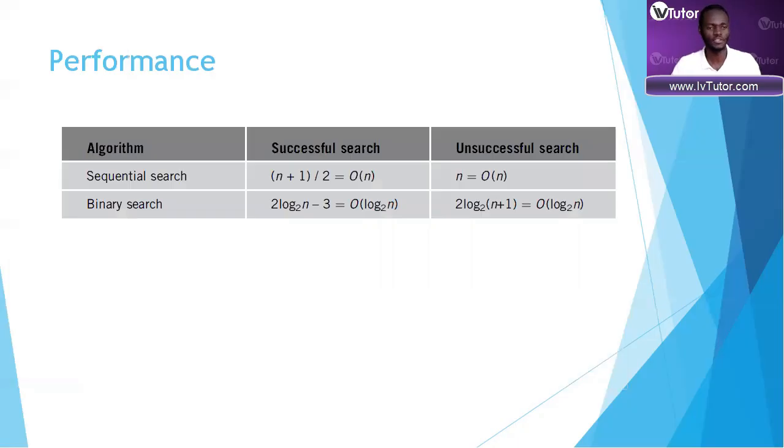If you compare the binary search and sequential search algorithms, you can see that the binary search is a big O of log n, whilst the sequential search is a big O of n, which means it's less efficient, because you want your running time to be less. The higher the big O, the higher the running time, which means it takes longer to execute. And the lower the big O, the lower the running time, which means it executes faster.